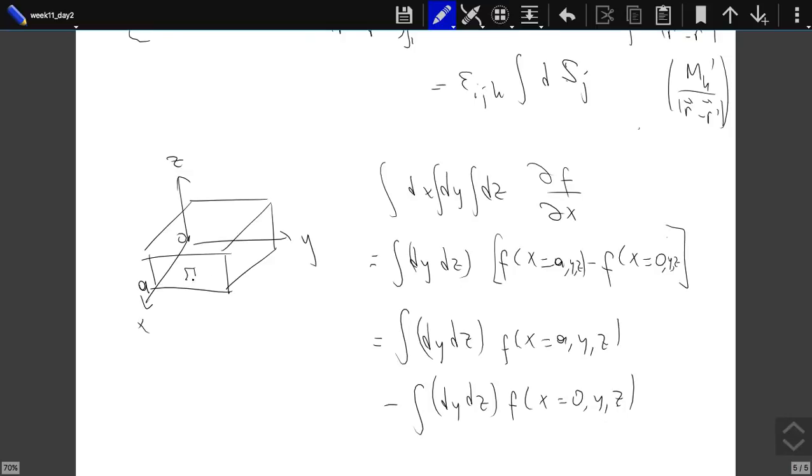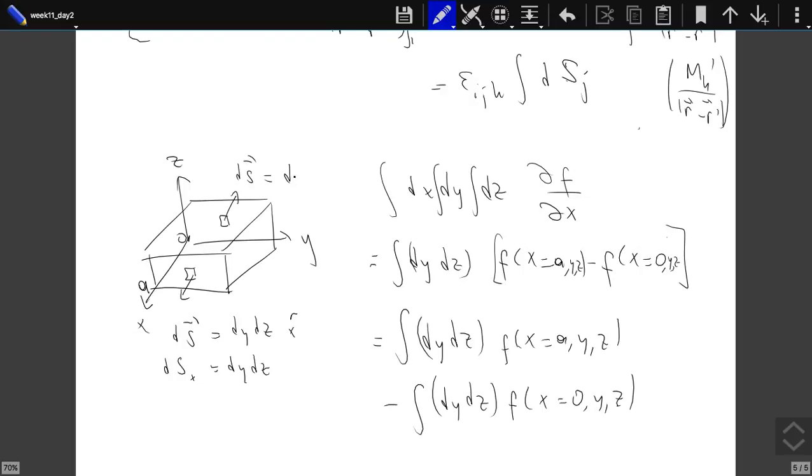Now let me consider a very small patch over here. What is the area vector here? It's this one. So the S vector there is dy dz in the x-hat direction. So the x component of this dS vector is dy dz. I can take a patch over here, and the dS vector will be pointing in that direction.